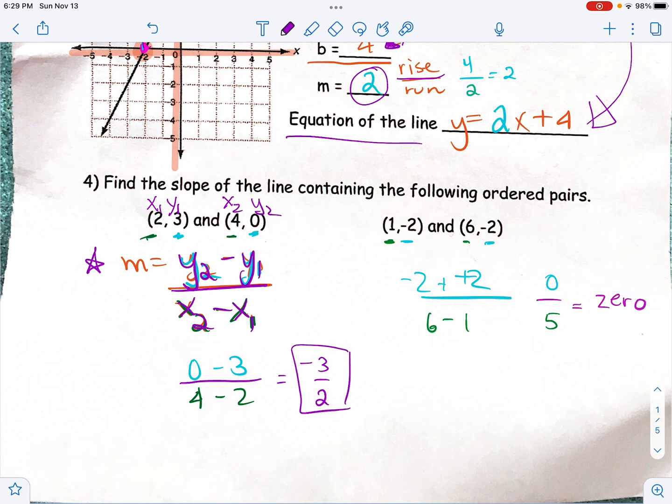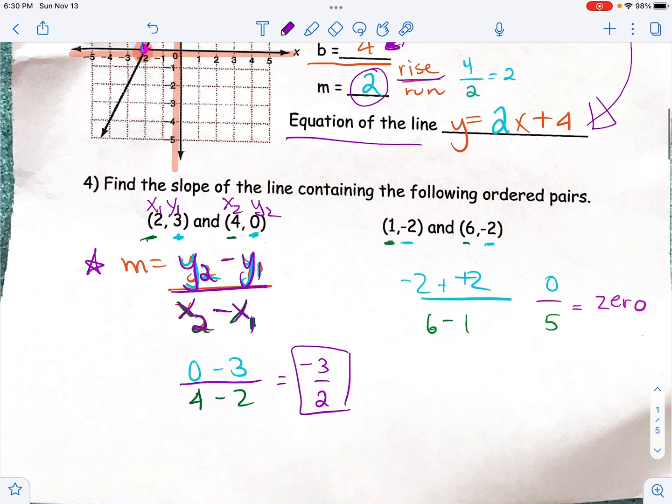And then we can plug in our values, y2 minus y1 over x2 minus x1. We get negative 3 over 2. So the slope is negative 3 halves, right?